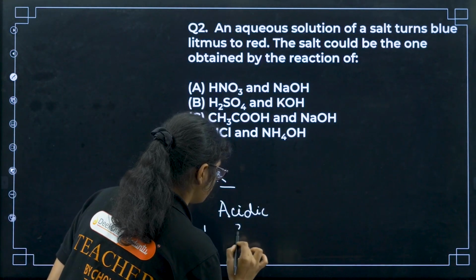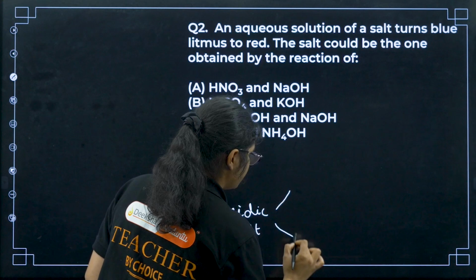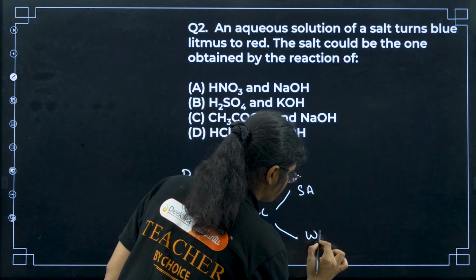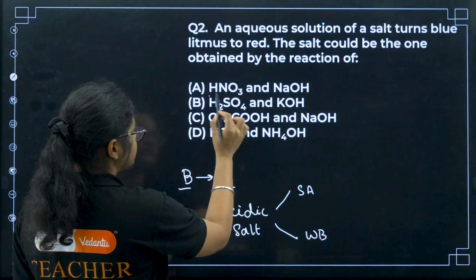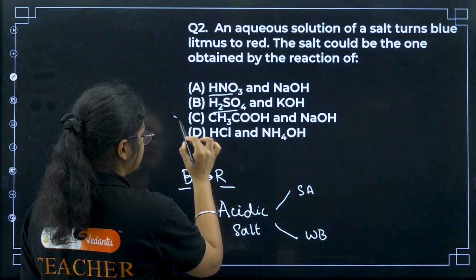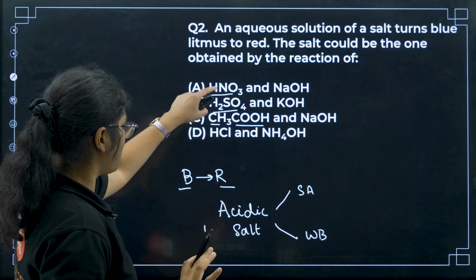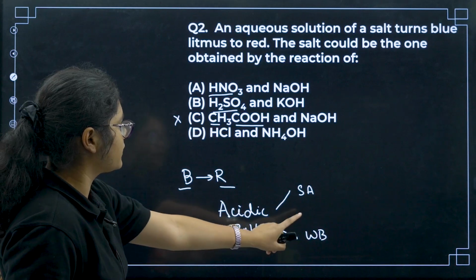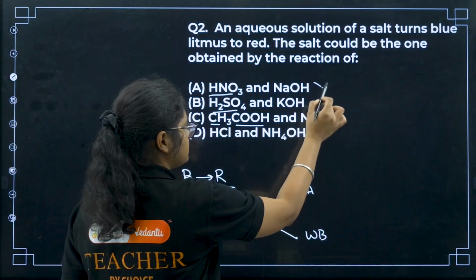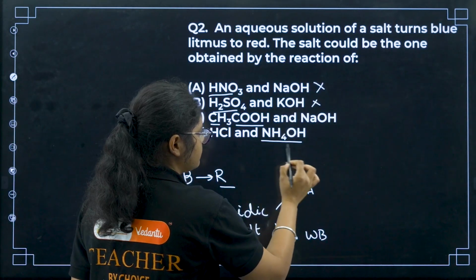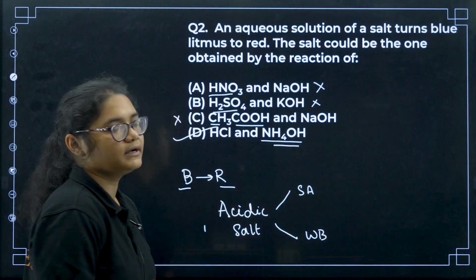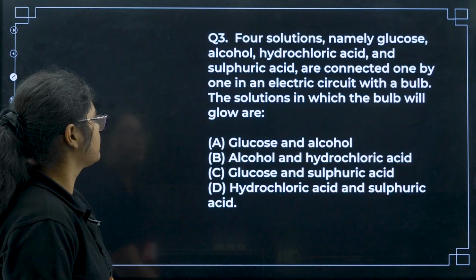So if the salt is an acidic salt, what do we need? We need a strong acid and a weak base. If you see HNO3 and H2SO4 can be there, CH3COOH is a weak acid, so this cannot be the answer. So all these 3 are possible. Now talking about the weak base, NaOH is a strong base, KOH is a strong base, NH4OH is a weak base. So option number D is the correct answer here.